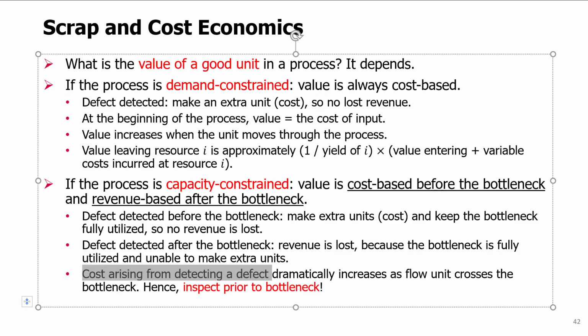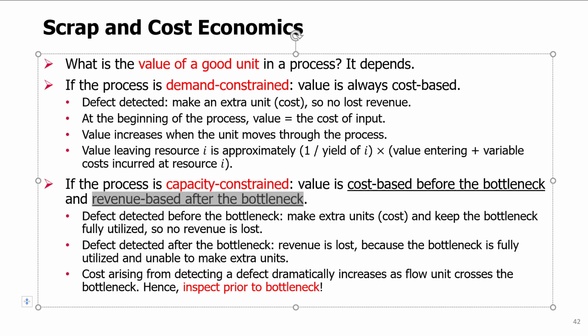This leads us to the observation that the cost arising from detecting a defect increases dramatically when the flow unit crosses the bottleneck. As we said, the value of the unit in a capacity constrained process is cost-based before the bottleneck and revenue-based after the bottleneck.